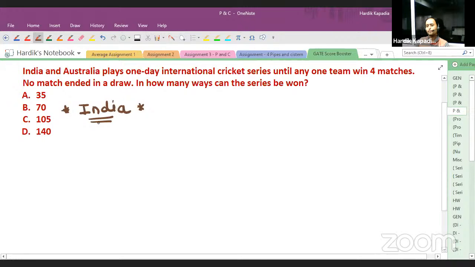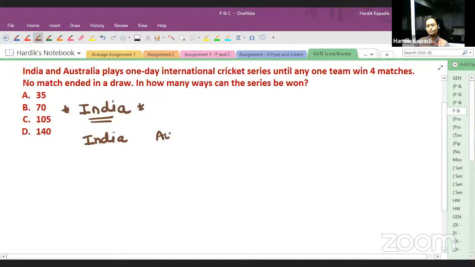So now, the condition is that any one of them will win 4 matches, and the calculation ends.